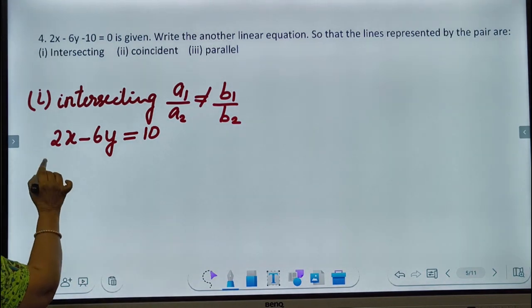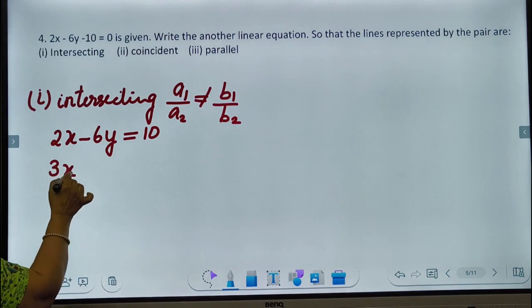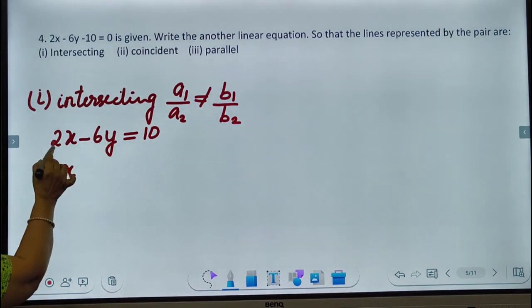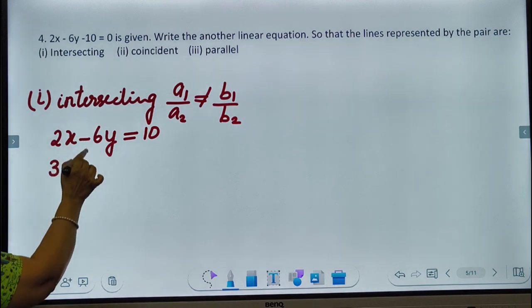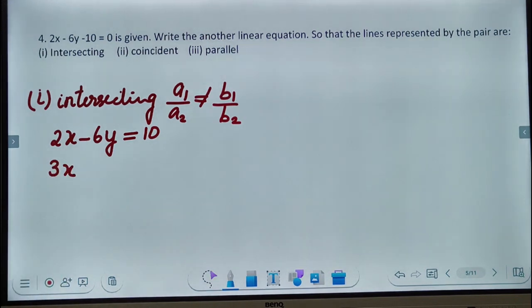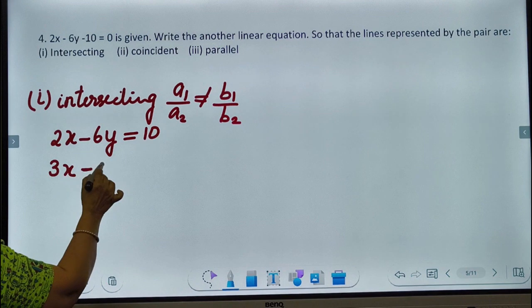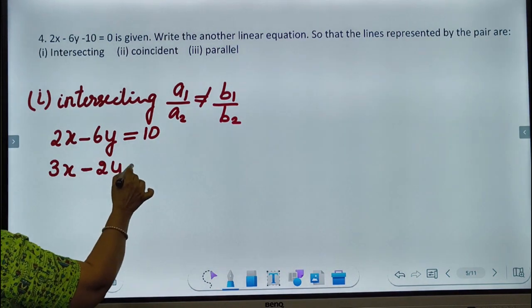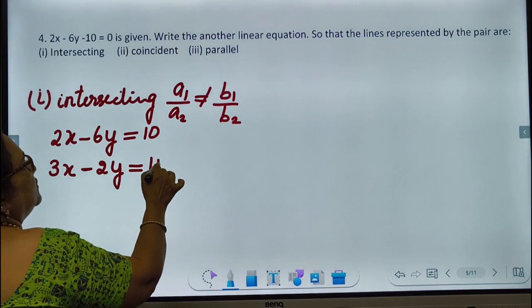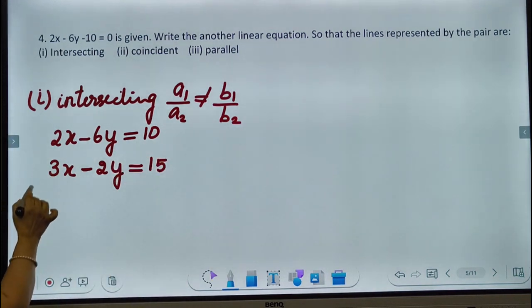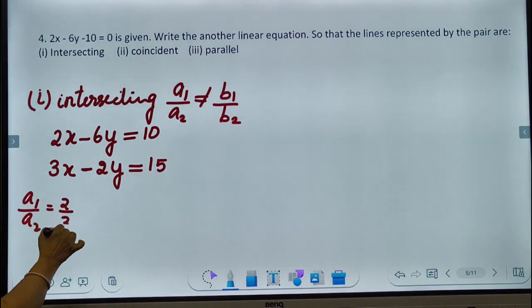I can give any value, suppose I give 3x. This ratio should not be 2 by 3. A1 by A2 is 2 by 3, so this should not be 2 by 3. So I cannot give 9, for example. So I am going to give, say, 2. 3x minus 2y equal to whatever. Now what is A1 by A2? A1 by A2 is 2 by 3.